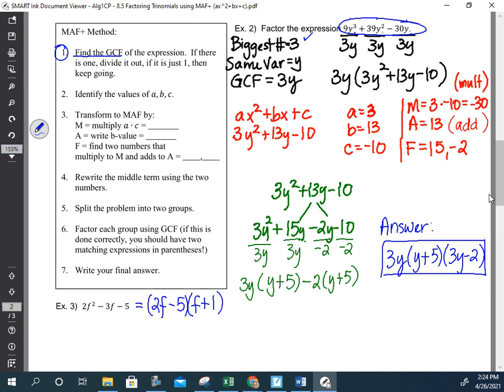All of them have y's, so you can take out a y. So your greatest common factor is 3y. Since you have a greatest common factor, you divide it out. It sits out in front, and 3y squared plus 13y minus 10 is what's left over.